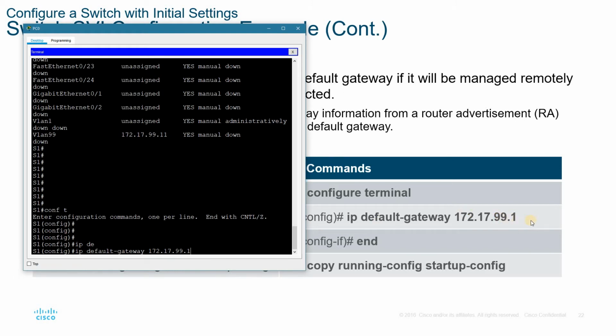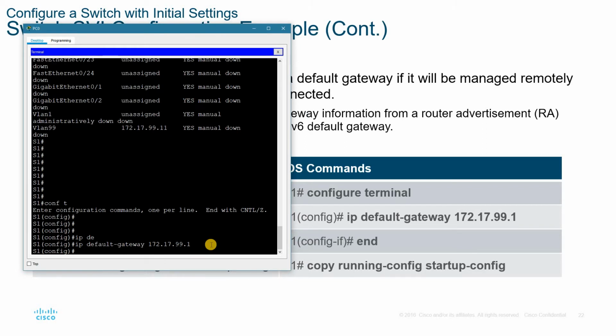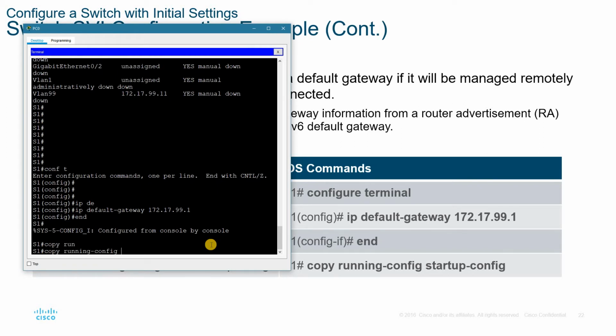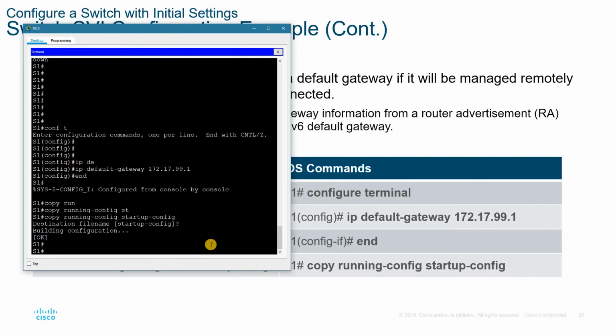Again, there's no subnet mask included whenever you configure a default gateway. So, enter lang tayo dito. Hindi mo na kailangan ng no shutdown, also. Kasi pag sa SVI lang yun. So, yun yung mga differences nila, guys. And then, end to exit. And then, copy running-config startup-config, again, to save your file.